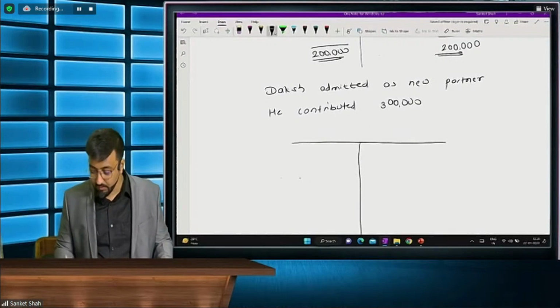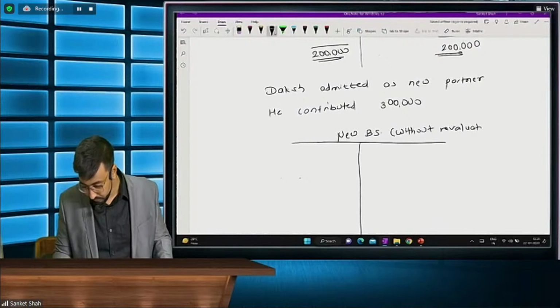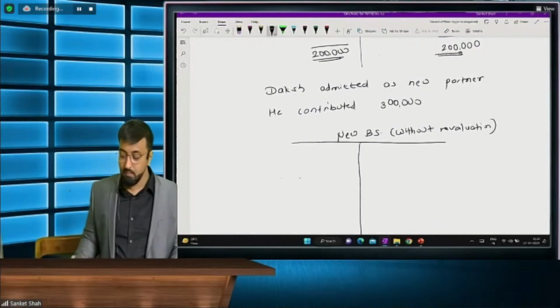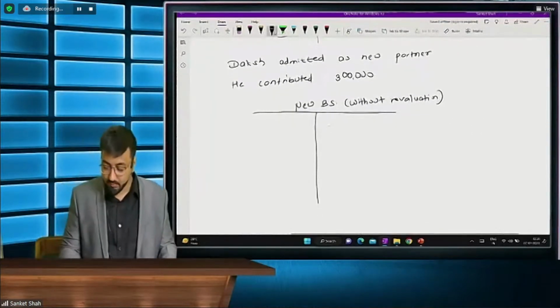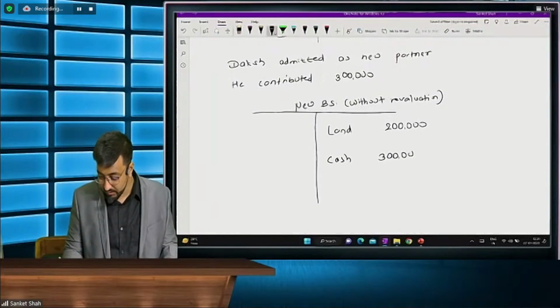Now see, new balance sheet without revaluation. Land 2 lakhs. Cash 3 lakhs.